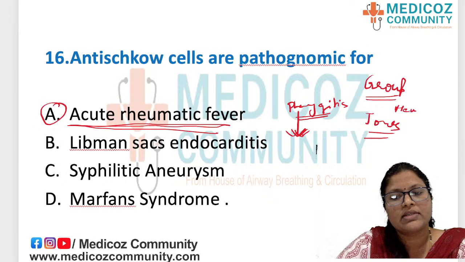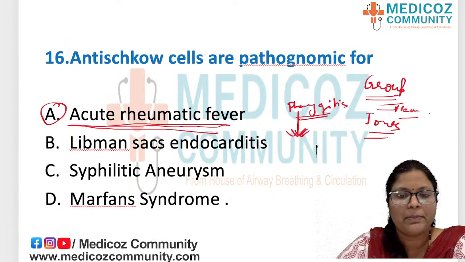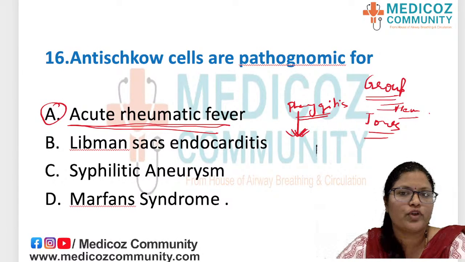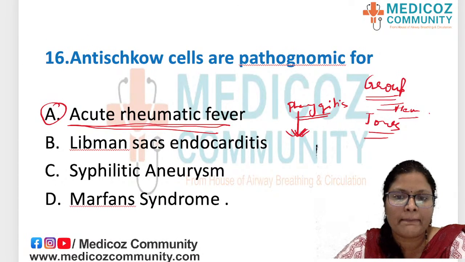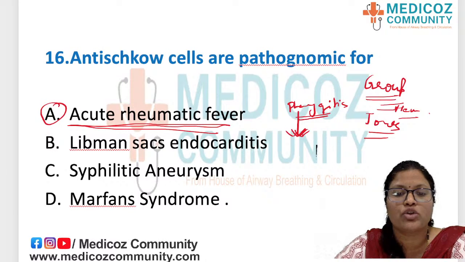All these things you have to know. I cannot discuss all this in this class because of the shortage of time. I'm just giving you points, because if you don't know, you have to go back and look before your exam. So where was I? I was talking about this pathological feature, and this is seen in acute rheumatic fever.